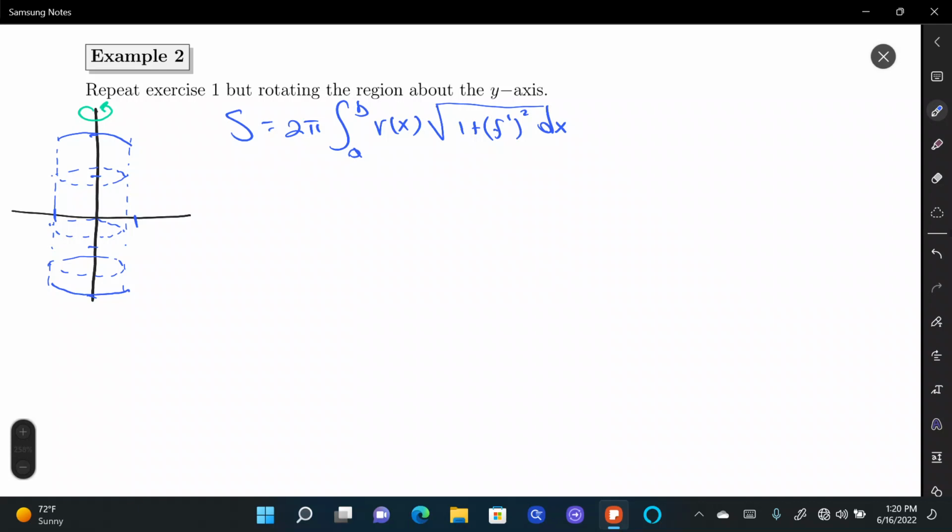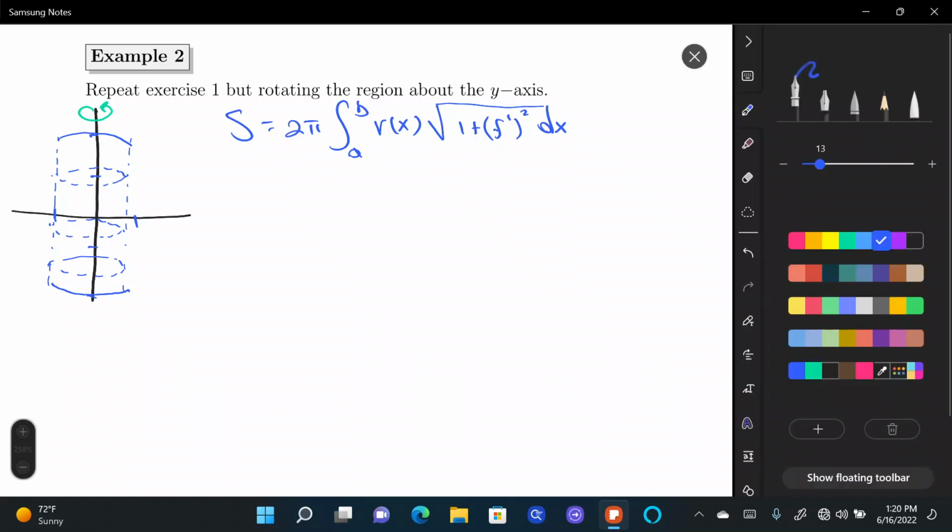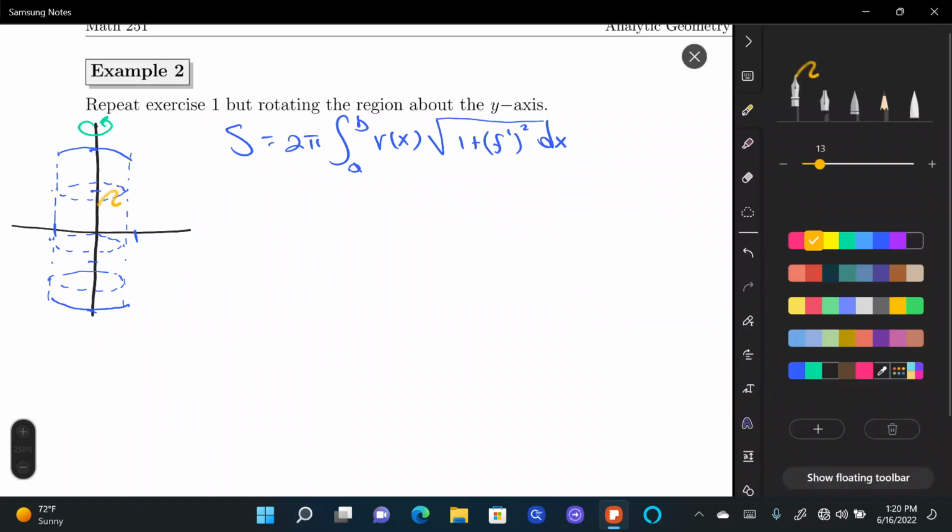Okay, so let's look at the region of rotation again. You can always think of candy, the lollipop. The radius is always the distance from the axis of rotation to the outermost points in the shape of the candy, for example. In this case, this happens to be this horizontal distance x.